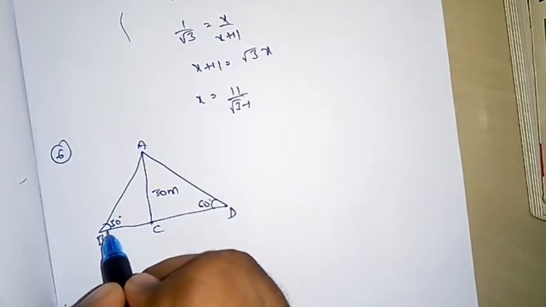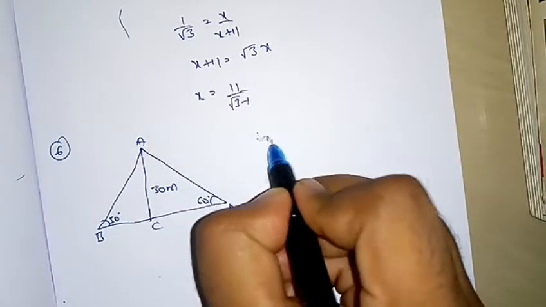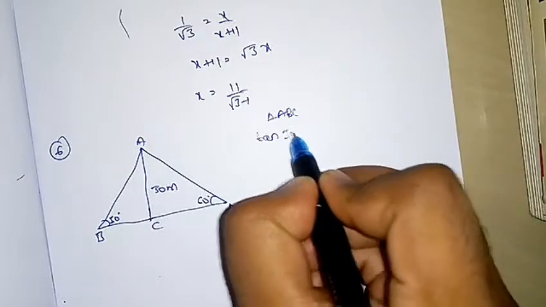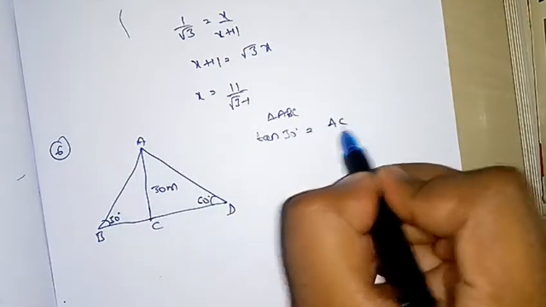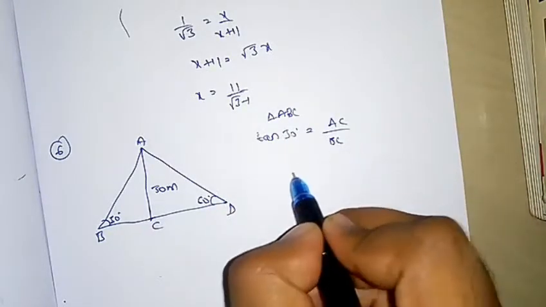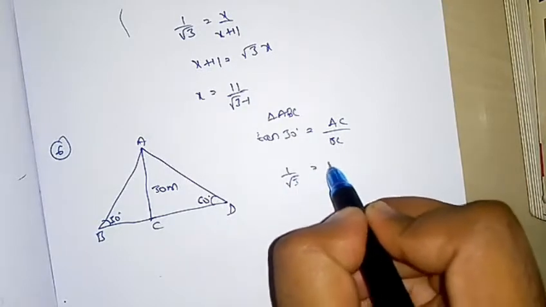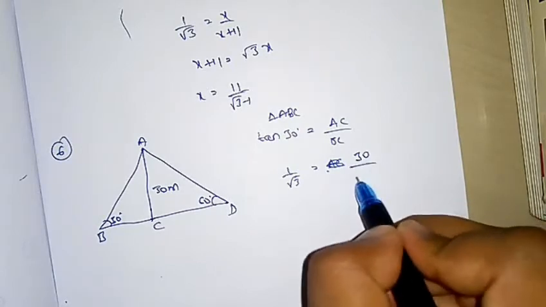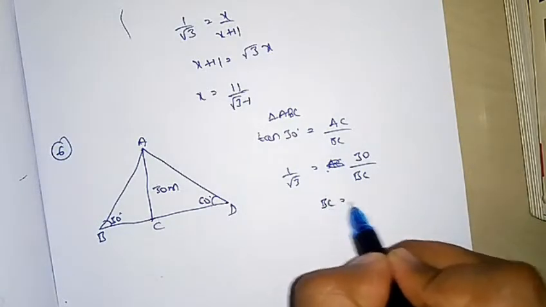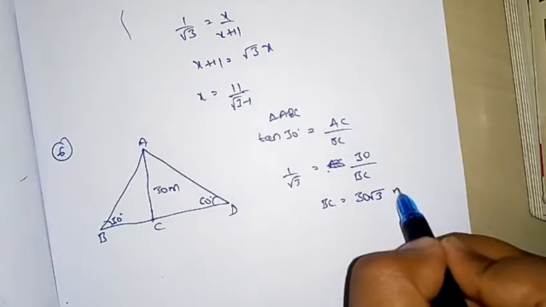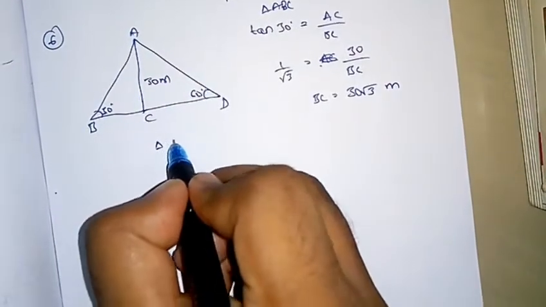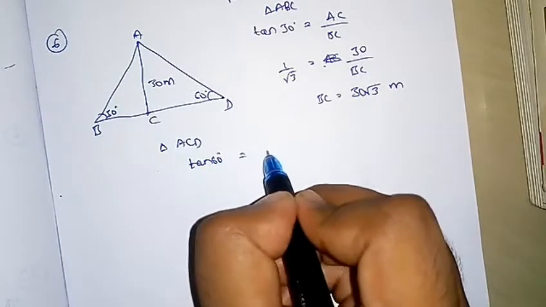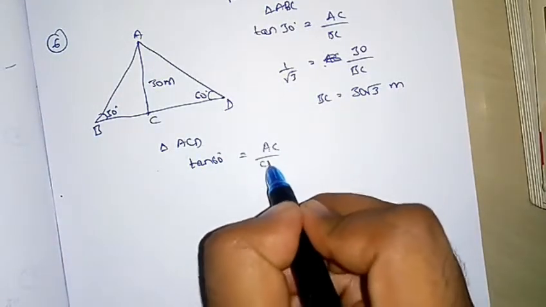So applying tan 30 in triangle ABC, tan 30 degrees is equal to opposite side AC by adjacent side BC. So tan 30 is 1 by root 3, which is equal to AC by BC, where AC is 30. So BC is equal to 30 root 3 meters. In triangle ACD, tan 60 degrees is equal to opposite side AC by adjacent side CD.